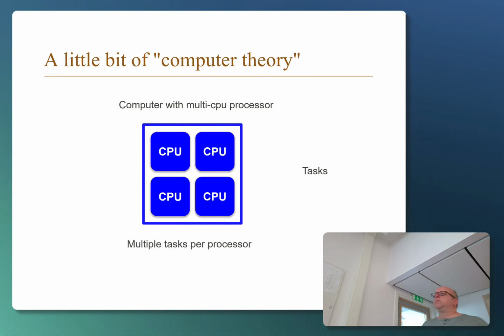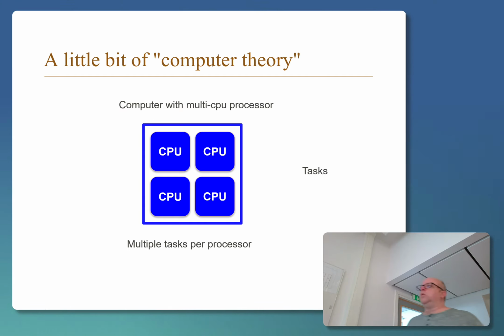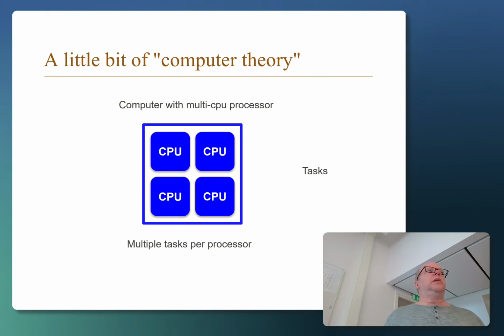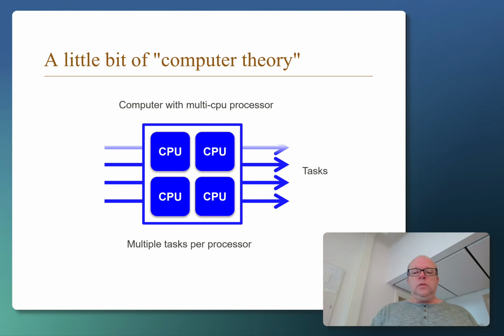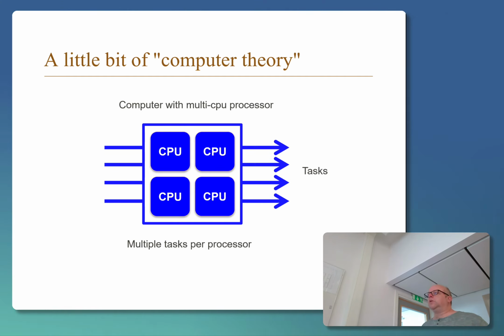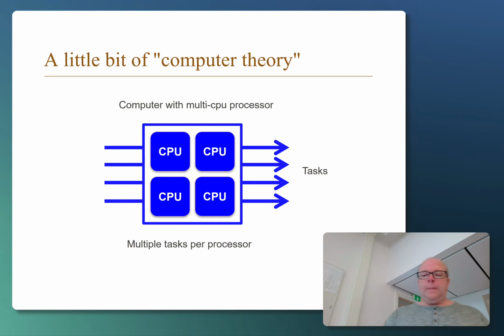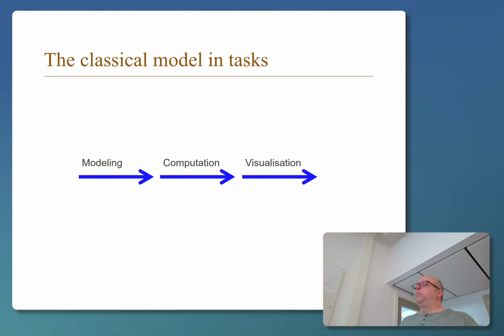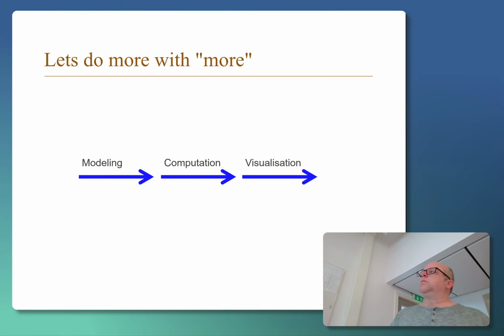If you have a computer with multiple CPUs, which everybody actually has in their computer, you can do multiple tasks simultaneously. The problem is that most of our computational programs are designed in discrete steps like this: you have modeling, you have computation, you have visualization, and perhaps we need to change this to make it more suitable for using multiple cores.